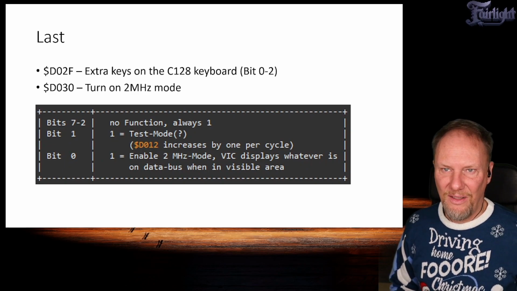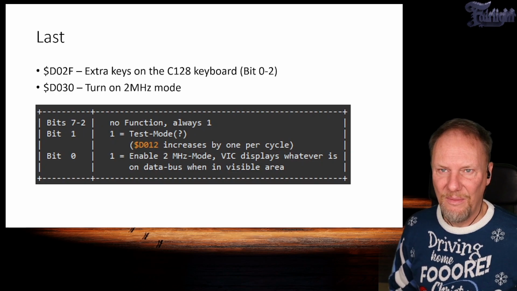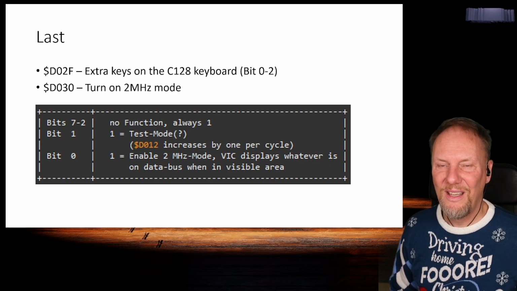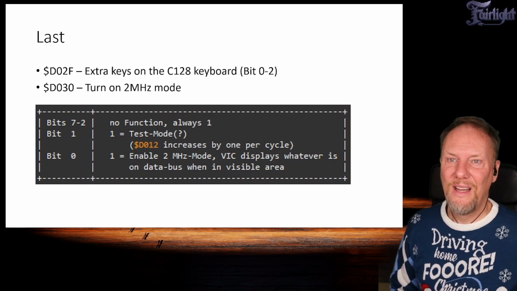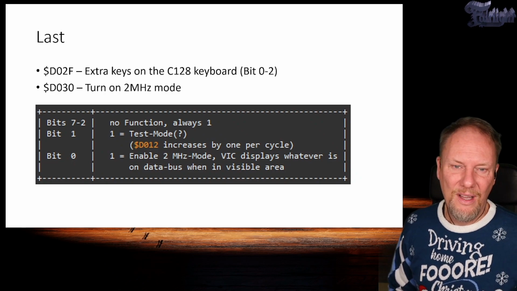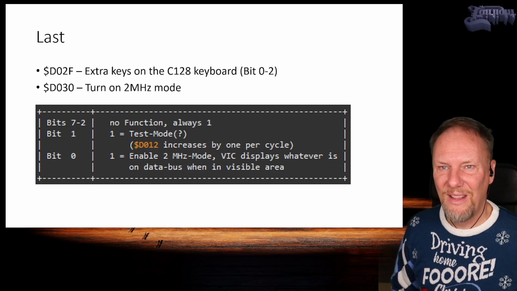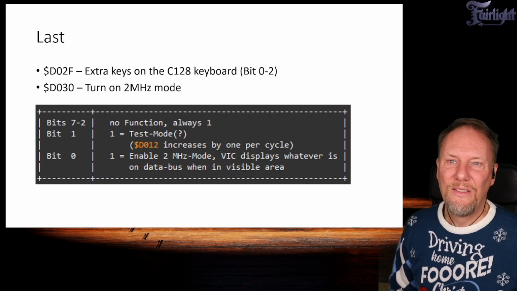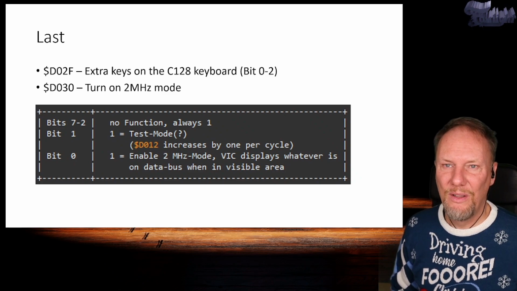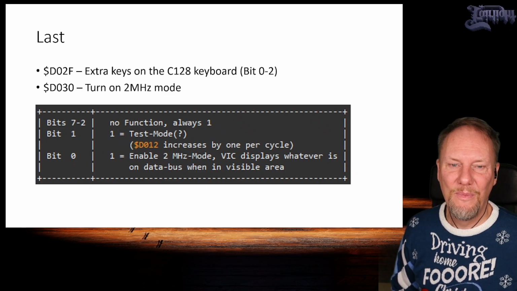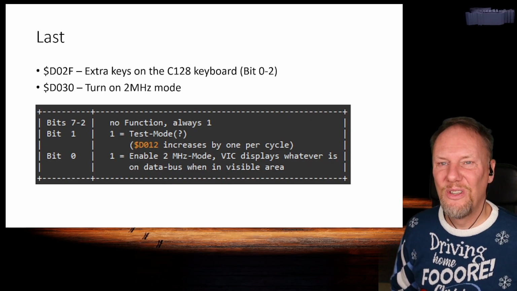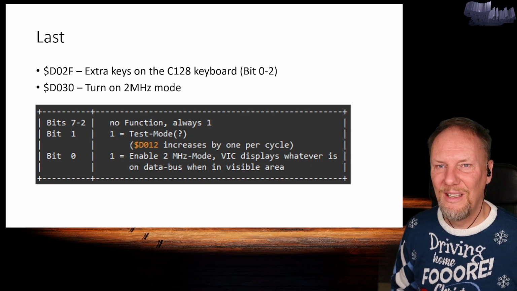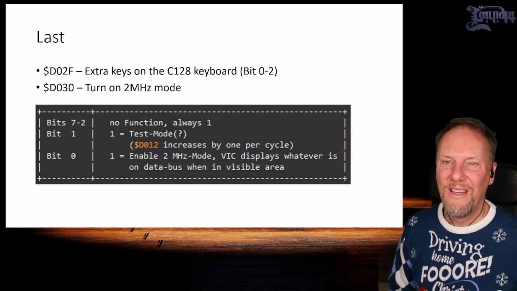Normally when you scan the keyboard of a C64, it's a matrix of 8 times 8 characters, and that is in CIA, timer chip number A. But in order to extend that for the 128, they added bits 0, 1, and 2 for the additional keys on the 128, the numeric keypad, and a number of extra keys compared to the normal C64.